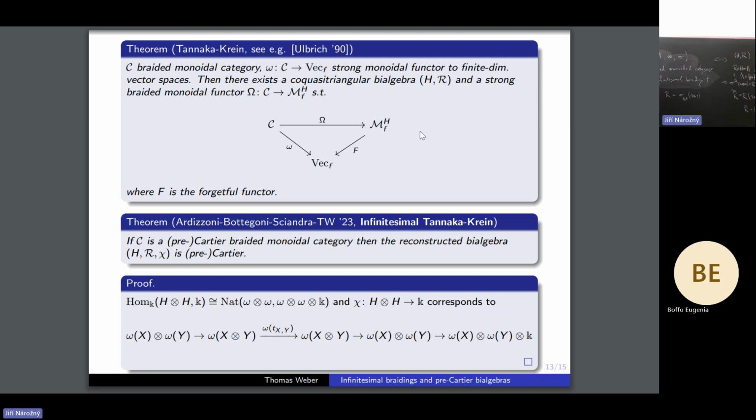So what this means is, in this setting, you can find a co-quasi-triangular bialgebra, (H, R), and a strong braided monoidal functor, capital omega, such that you have this diagram here.